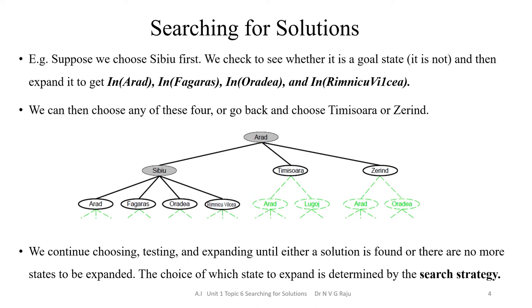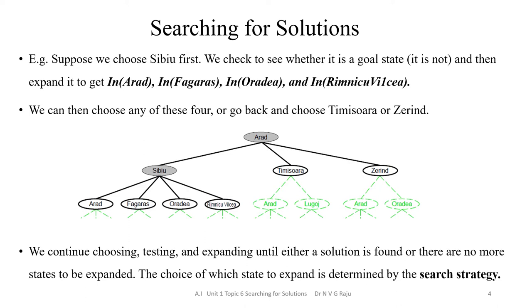We check to see whether it is a goal state or not, and then expand it to get four new states: in Arad, in Fagaras, in Oradea, and in Rimnicu Vilcea. We can then choose any one of these four or go back and choose Timisoara or Zerind.